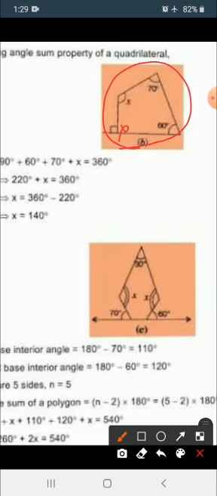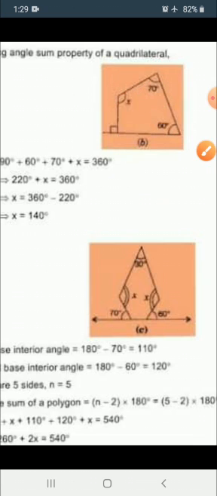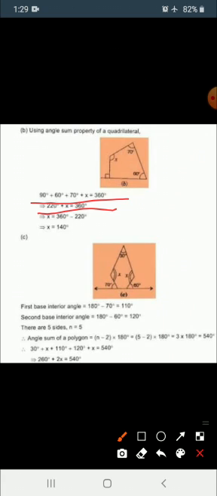So we know 90, 60 and 70 degrees, and the x angle. If you sum up, it will be 220 degrees plus x, which will be equal to 360 degrees. So when you solve it, you will get the x value as 140 degrees. Coming to the next question.